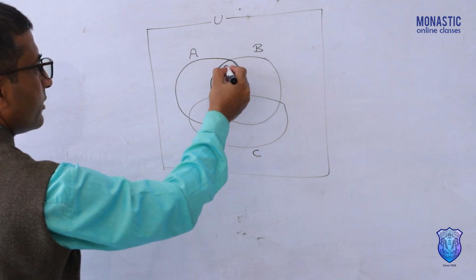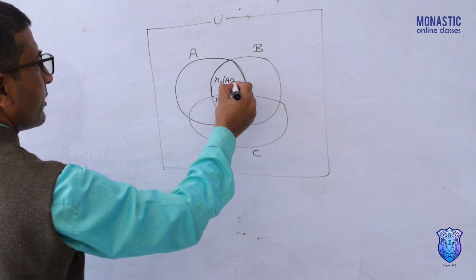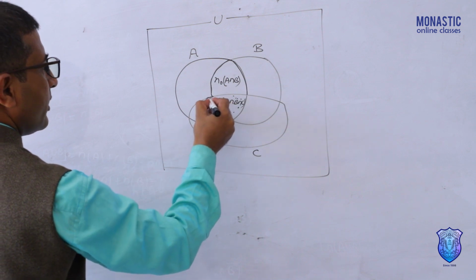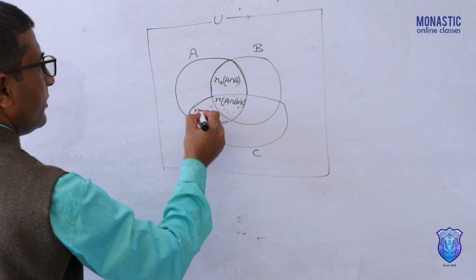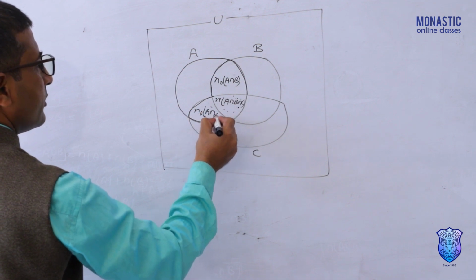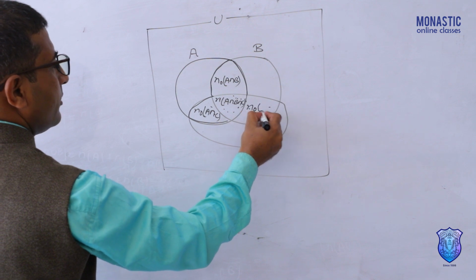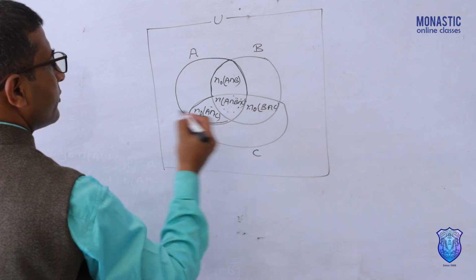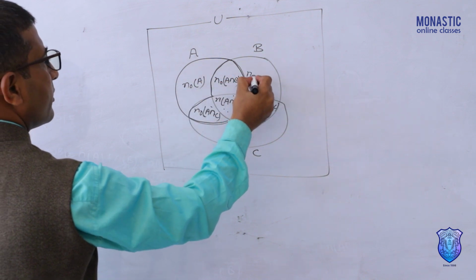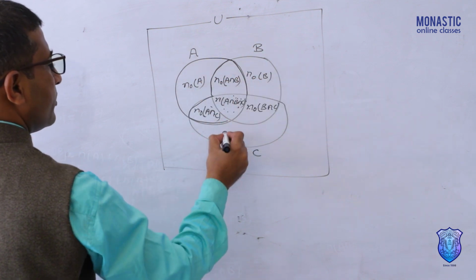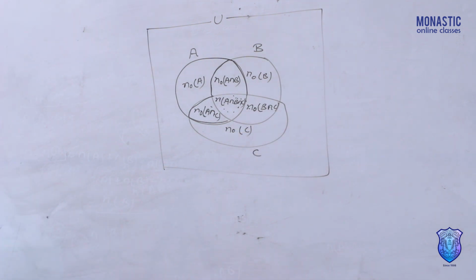Only up to these parts, that is only A intersection B. Same with these parts, only up to this, only A intersection C. These parts are only B intersection C. This part is only A, this part is only B, this part is only C.